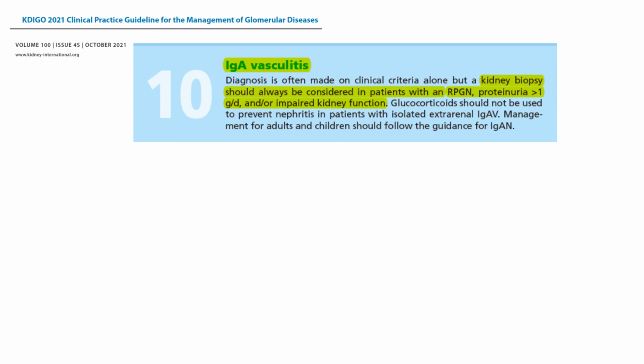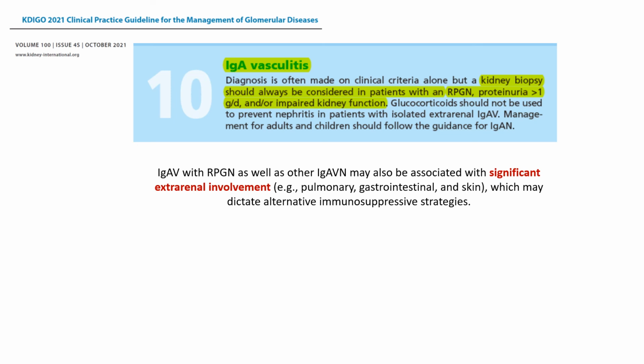What about IgA vasculitis? Here the disease is not limited to the kidney. In this disease, the kidney biopsy shows IgA nephropathy, which is usually rapidly progressive, with proteinuria more than 1 gram, impaired kidney function, and significant extrarenal involvement.